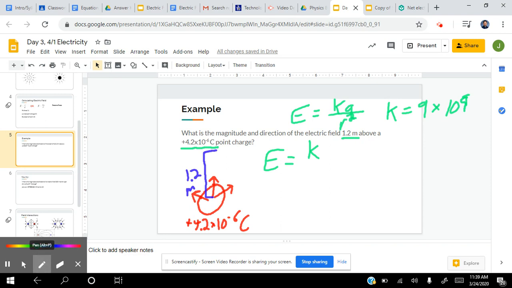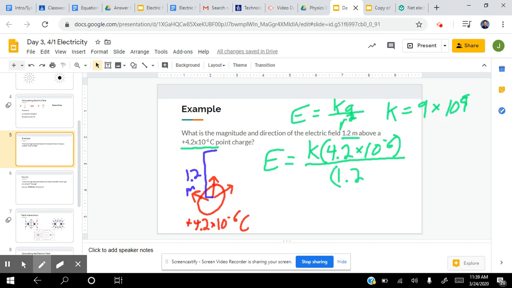So we have K times that Q charge, 4.2 times 10 to the negative 6 coulombs, and then we divide that by the radius between them squared, so 1.2 squared. What you should end up getting is 26,220.8 newtons per coulomb.